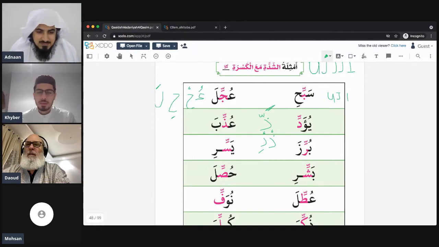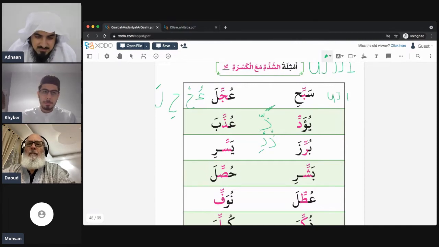Alif, ba, ta, tha, jim, ha, kha, dal, dhal, ra, zai, sin, shin, sad, dad, ta, dha, ain, ghain, fa, qaf, kaf, lam, mim, noon, ha, waw, ya. Ahsant. After that, the second module? Harakas, the sounds of each letter.